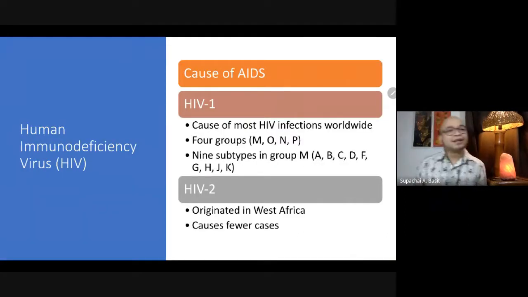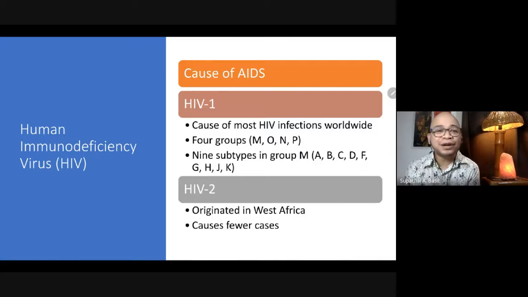So HIV therefore is the cause of AIDS, or the acquired immunodeficiency syndrome. There are two main types of HIV, HIV-1 and HIV-2.